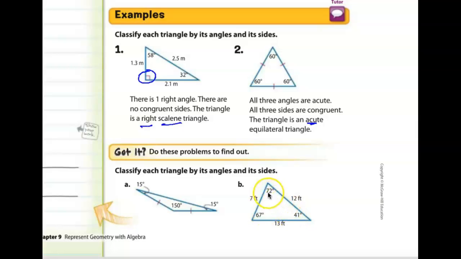So what sort of triangle is this? If you said acute triangle, yes. An acute triangle doesn't have to be equilateral. This is definitely scalene, but every single angle is less than 90 degrees, so it's definitely an acute triangle. My tongue is twisted today.